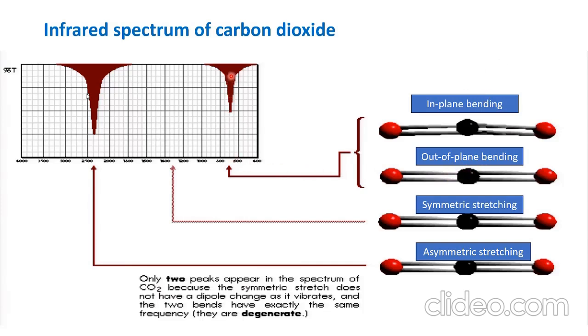Both will come in the lower region, and the peak will be the same for both. For symmetric stretching, there will be no peak because the dipole moment is not changing in CO2. And the asymmetric stretching will come here in the higher frequency range.